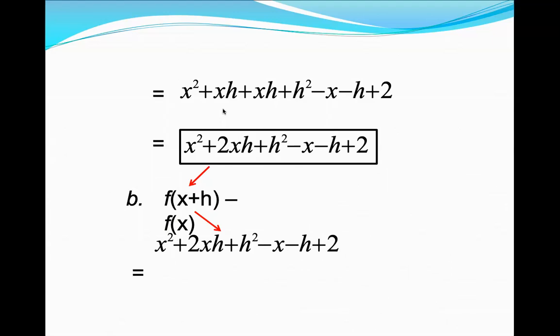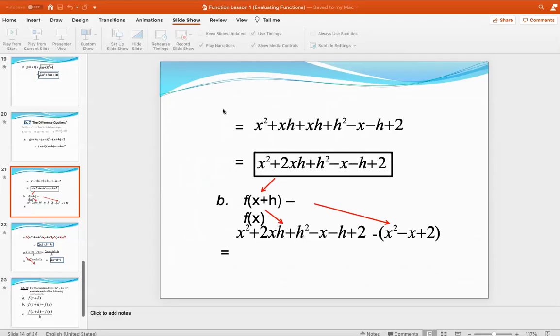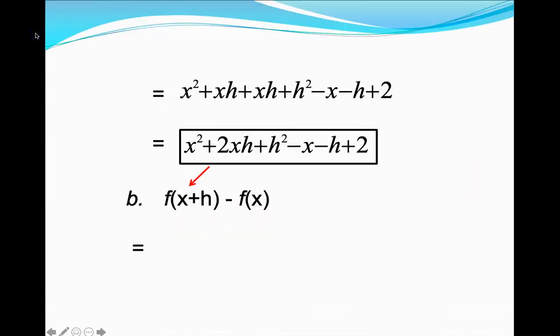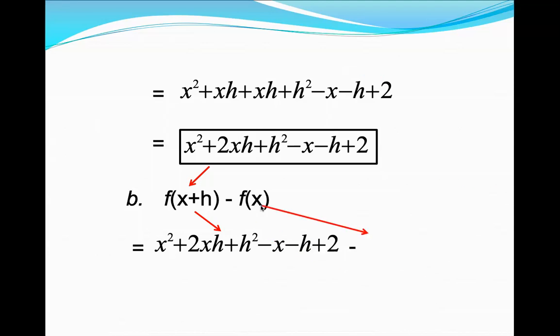So f of x plus h was that nasty thing we found at the beginning, and then f of x is our original function. I'm going to subtract the original function, so I'm going to have to distribute this negative. So the x squared will become negative, the negative x will become positive, and the plus 2 will become negative 2.